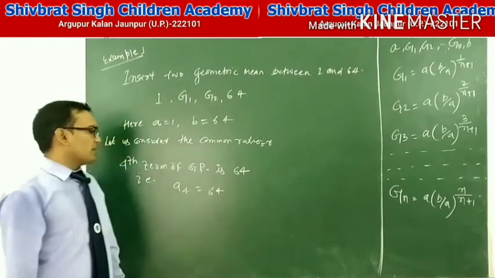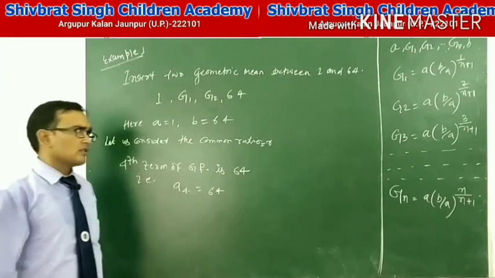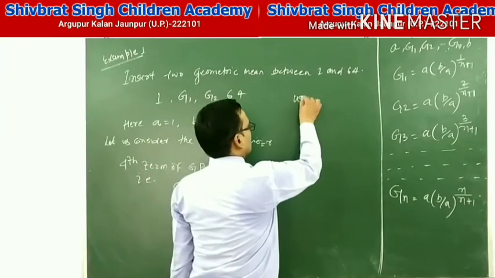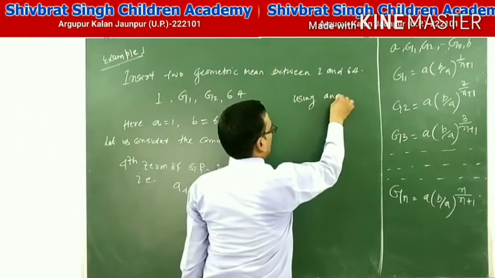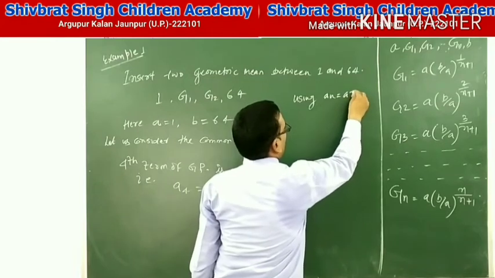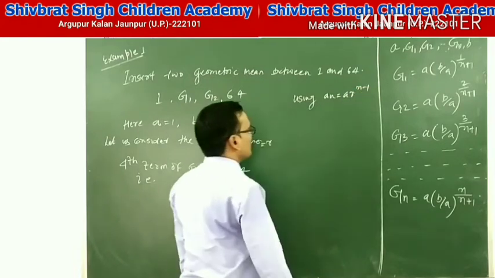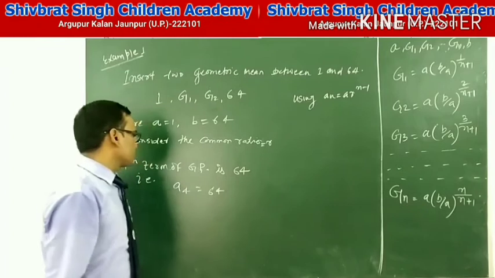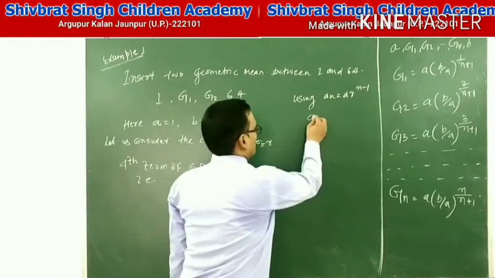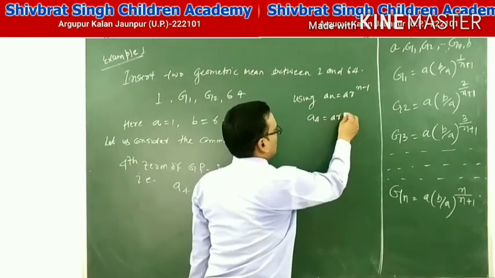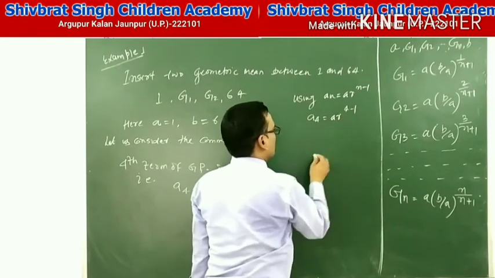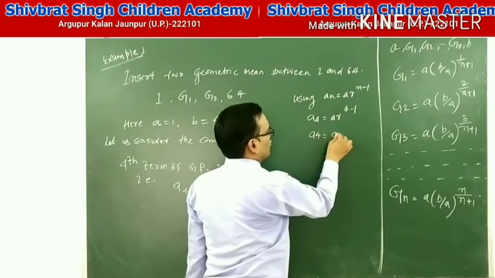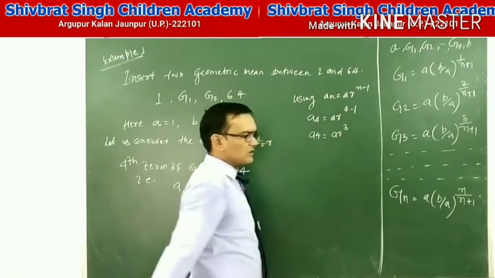Now we find the value of a4 using the formula an equal to a r to the power n minus 1. In this case, a4 equal to a r to the power 4 minus 1. That means a4 equal to a r to the power 3.